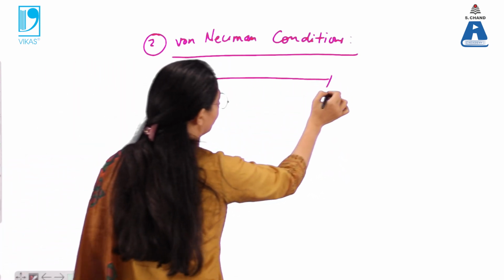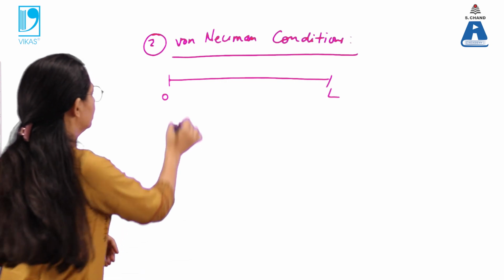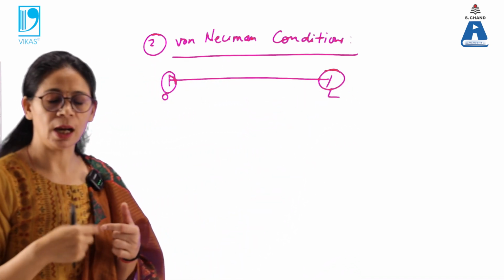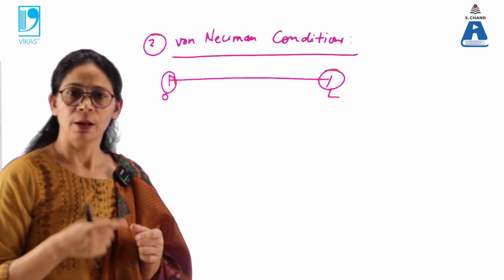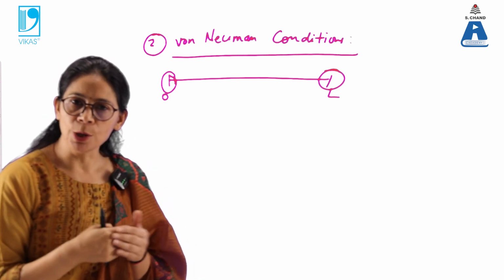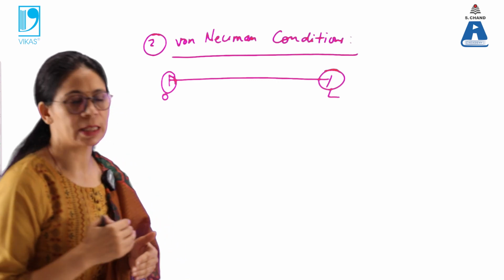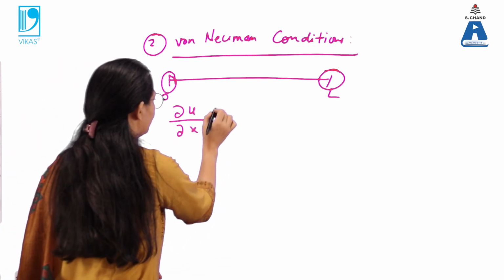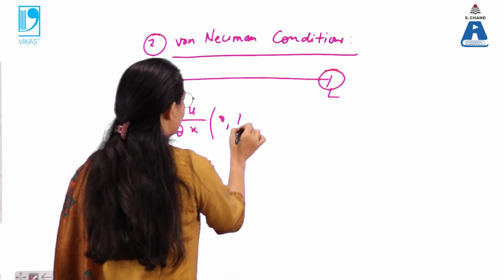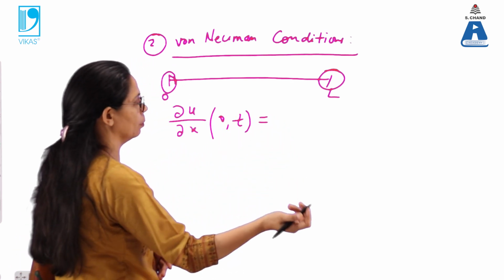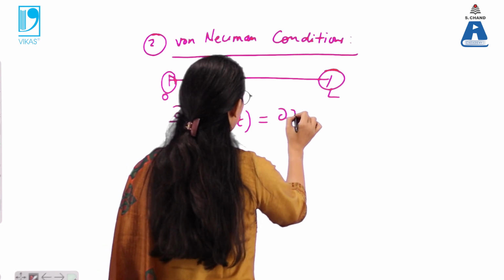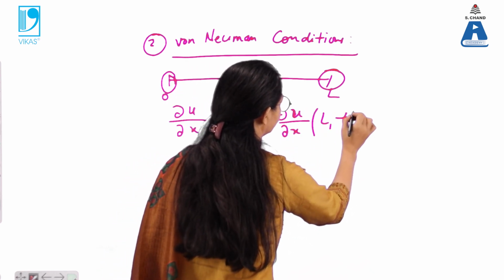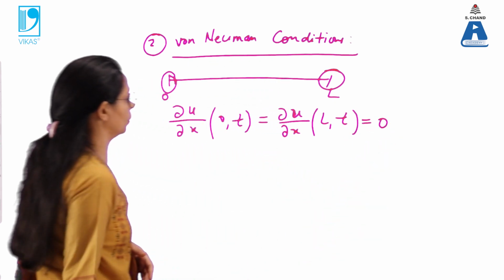This is the string of length L, and the conditions are given at these two ends because they are the types of boundary conditions. But here, instead of the unknown function, its derivative is given at these two points. So let us say that del u over del x at 0 and t is given. And the simplest example is to take that they both are equal to 0.